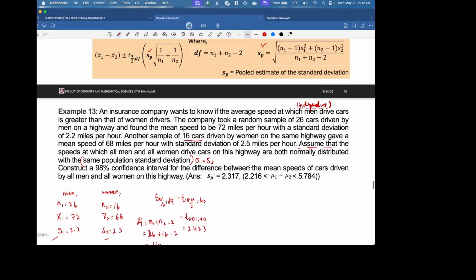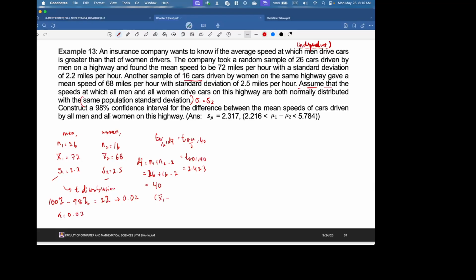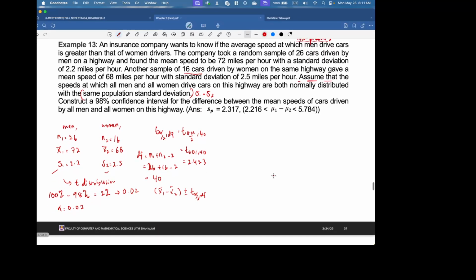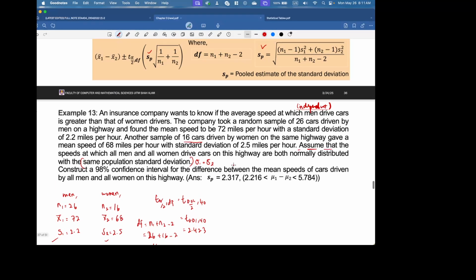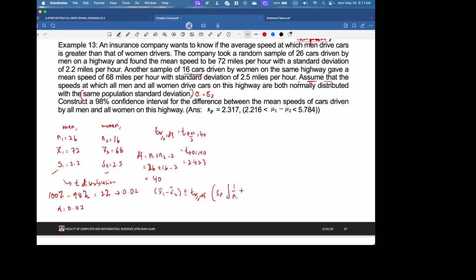Another thing that you need to calculate before you transfer this into the formula. The formula for this is x bar 1 minus x bar 2 plus minus t alpha over 2, df, times Sp, where Sp is outside, times the square root of 1 over n1 plus 1 over n2.